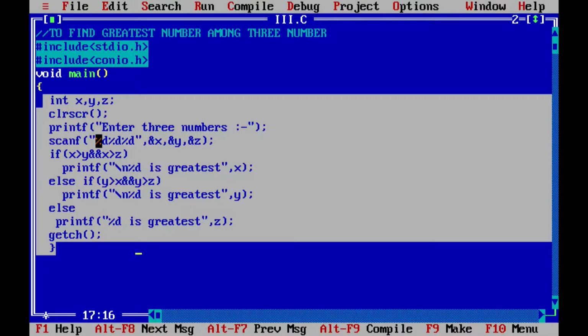After that we print a statement that says enter three numbers. You can see that I put three variables in the scanf statement. You can take any number of variables in a single statement.